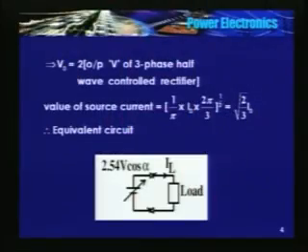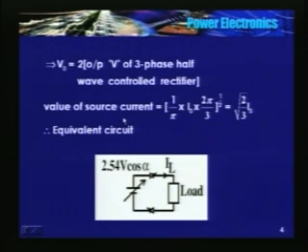Okay. So if I assume the load current to be constant and ripple free, that means the load current is constant with value I naught. If I find the RMS value of the source current, it is found to be root 2 by 3 into I naught.